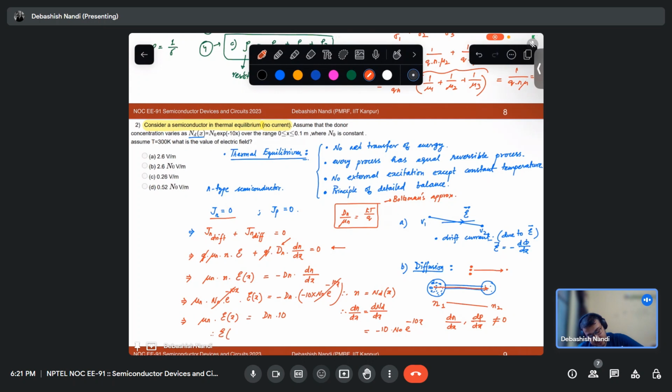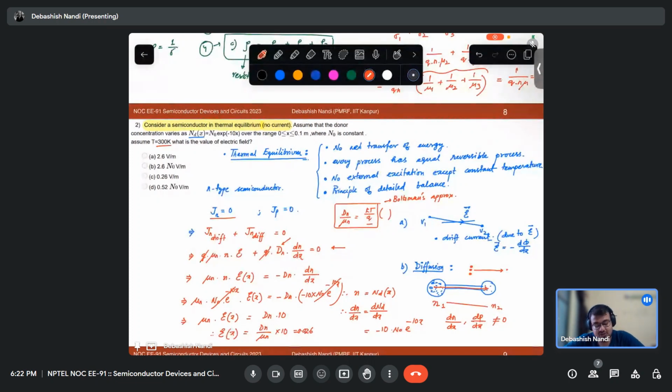So what is E of x? E of x equals Dn by mu n into 10. What is Dn by mu n? I told you that it is kT over q, right? And at 300 K, what is kT over q? 0.026. What will be the unit of kT over q? Sri Hari has told at the first question, right?